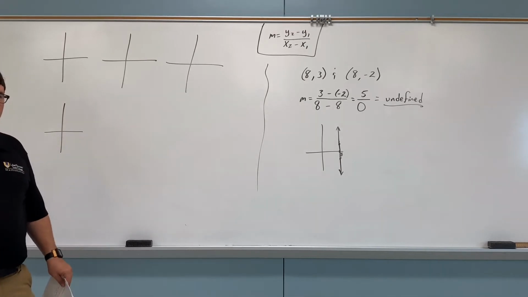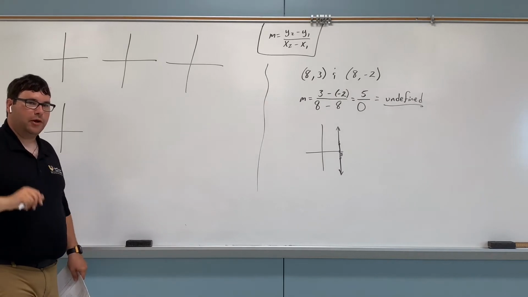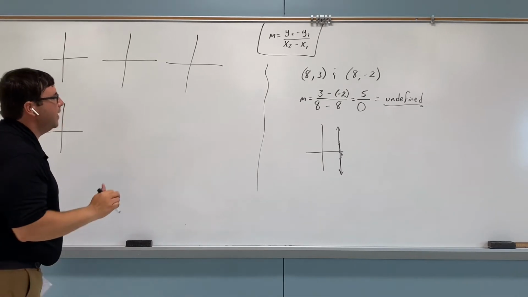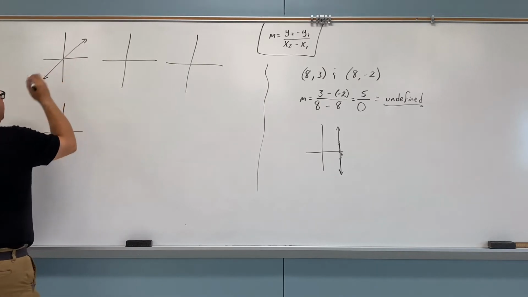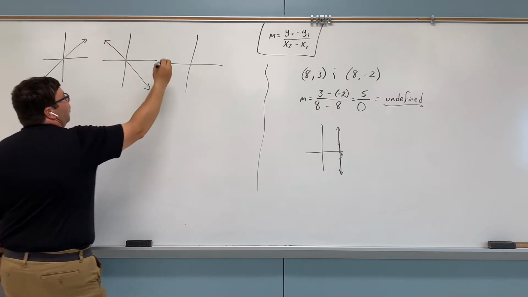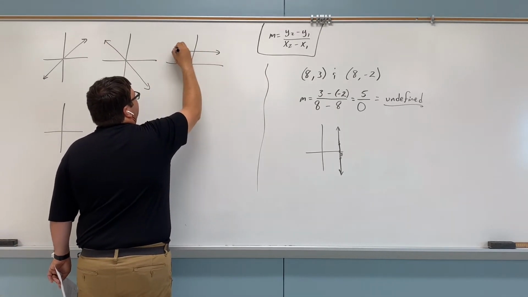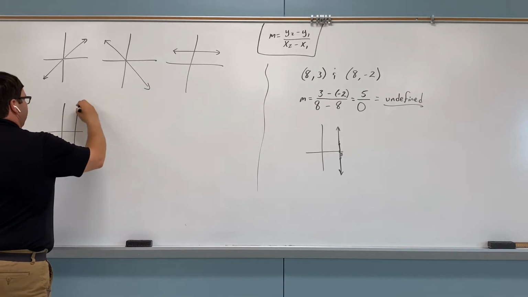We know 4 things about lines. Very, very important. Right off the bat, we already know them. We don't have to know anything special about them at the moment. We know lines can go up. We know lines can go down. We know lines can go flat. And we know lines can go vertical.